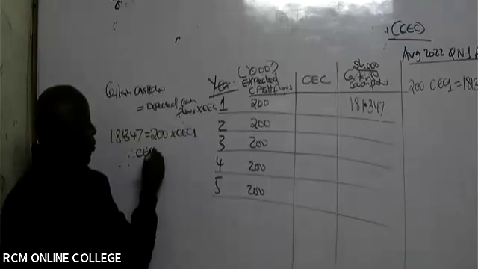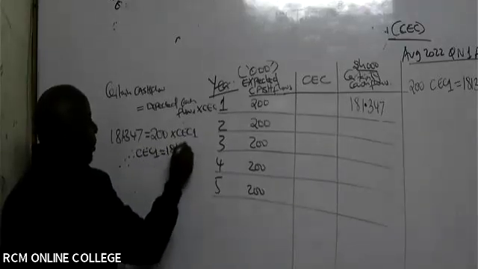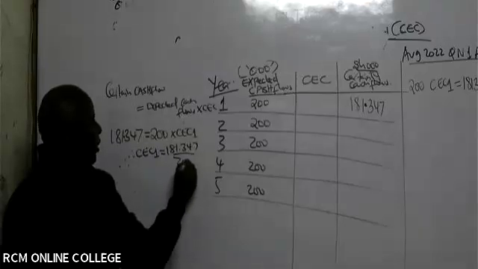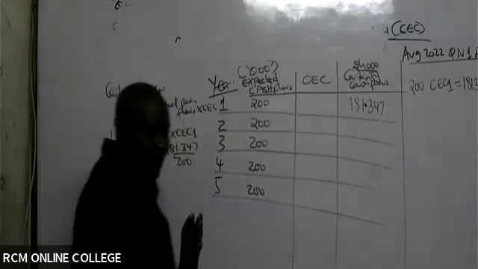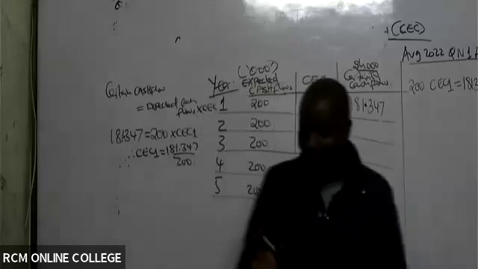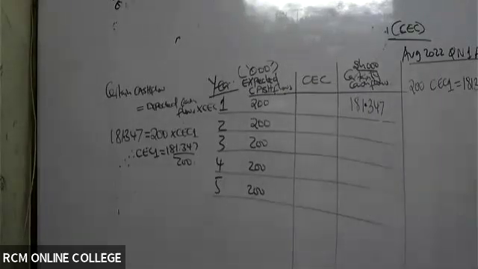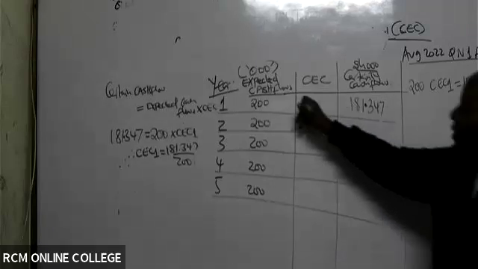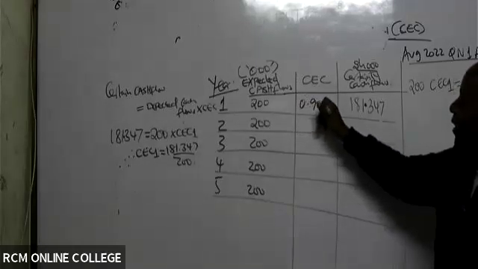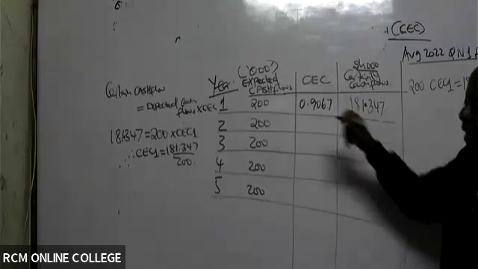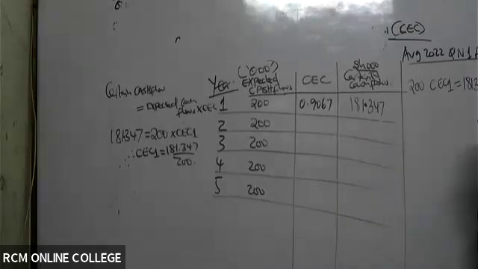Therefore, CEC1 will be 181.347 divided by 200. Give me 4 decimal places. The CEC should be 0.9067. The online guys, are we getting this kind of a thing?